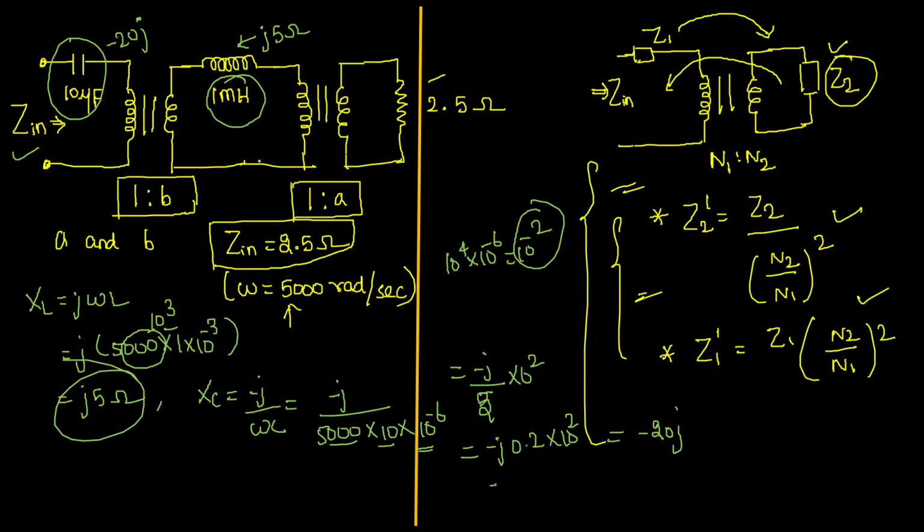Okay, now I would like to simply transfer. I will think about this resistor later. First I will transfer this reactance from here to here, and then slowly I will transfer this resistor from here to here, then from here to here. I am going to transfer each individually. First the inductive reactance. Whenever we transfer some impedance from secondary to primary, the number of turns is clearly defined for the first transformer.